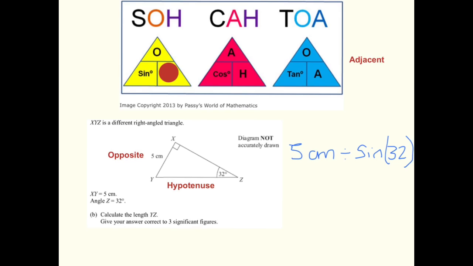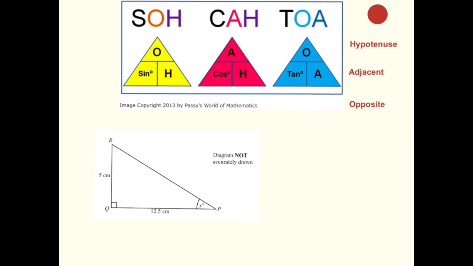And if you do that, that equals 9.4 centimetres, again to one decimal place. I'm just looking here, because I've got the hypotenuse, I must make sure that this answer is bigger than any other side.